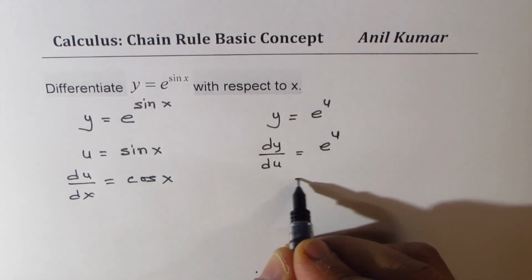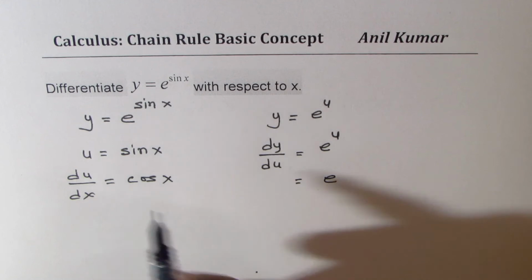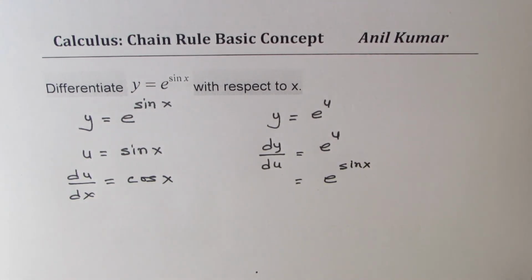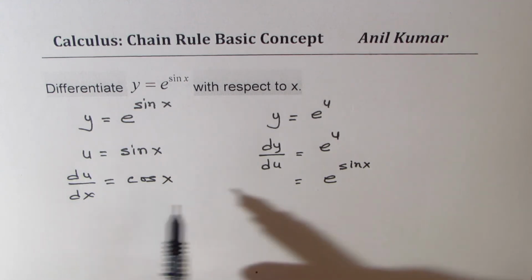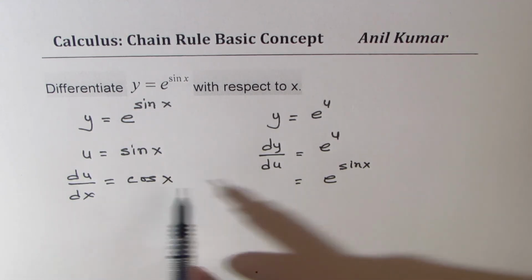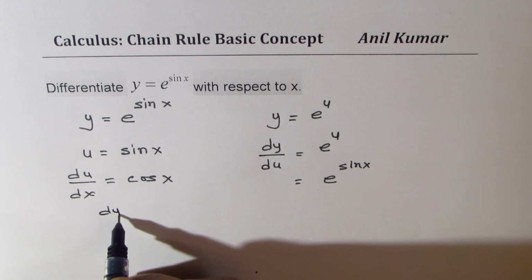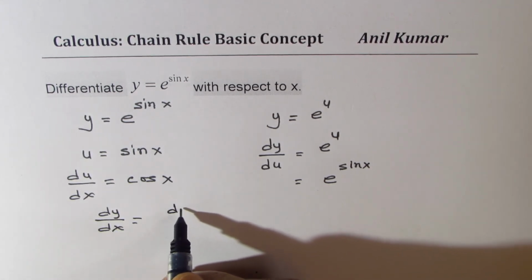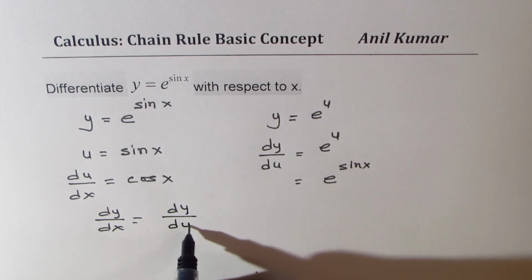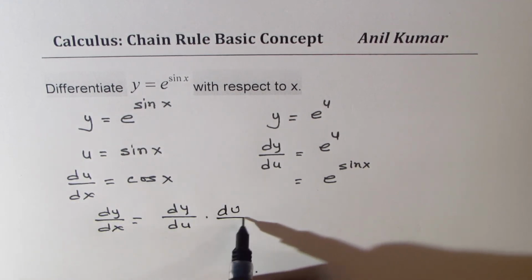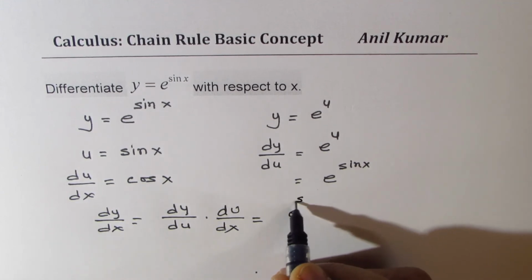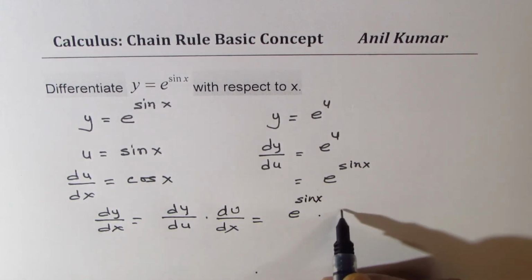Now since we know that u is sine x, we'll replace this by sine x. Do you see that? Now, multiplying these two, we get the derivative dy dx. So dy dx is dy du times du dx, which is equal to e to the power of sine x times cos x.